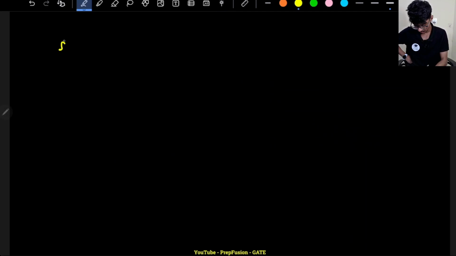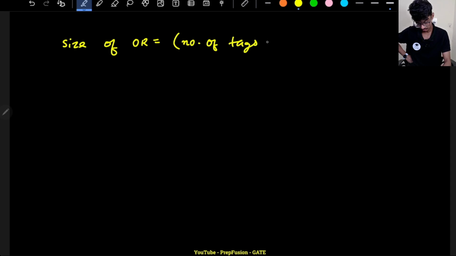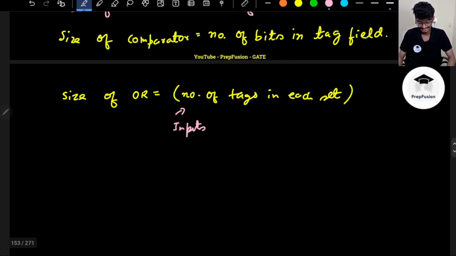So number of OR gates is 1 only, size of OR gate will be the number of tags in each set. This many inputs is what the OR gate will have. Okay, so this will be the size basically of hardware implementation of a set associative mapping.